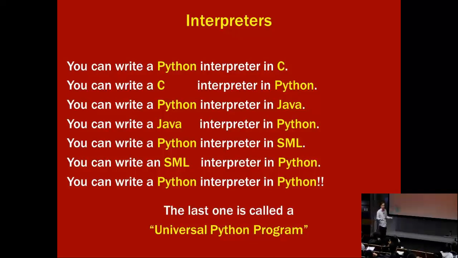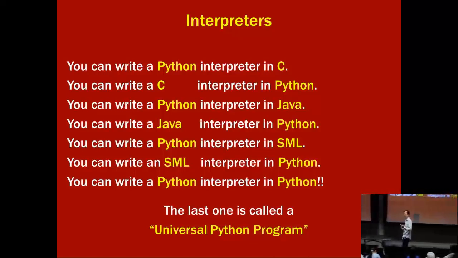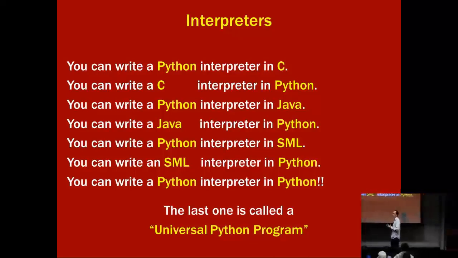You can write a Python interpreter in Java. You can write a Java interpreter in Python. You can write a Python interpreter in ML. You can write an ML interpreter in Python. So it shows that all of these programming languages can solve the exact same set of computational problems. You can write a Python interpreter in Python.